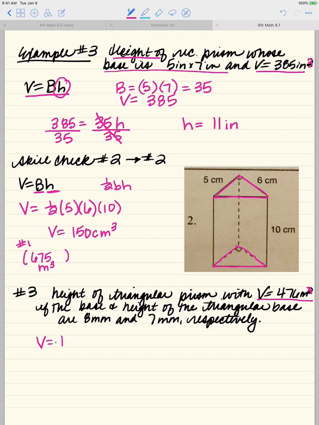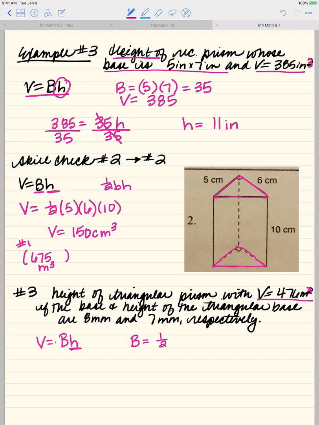So volume is equal to big B times h, right? And what we're trying to figure out here is what is the h? What is the height of this triangular prism, okay? If it's a triangular prism, our base is going to be equal to the area of the triangle.